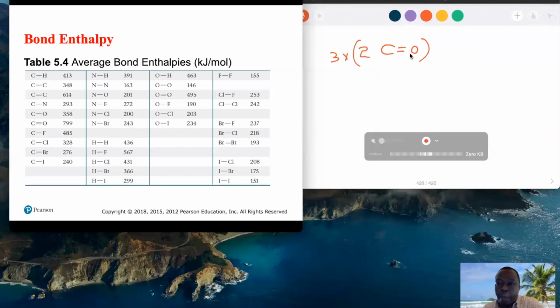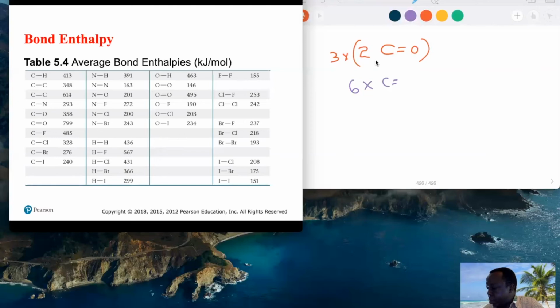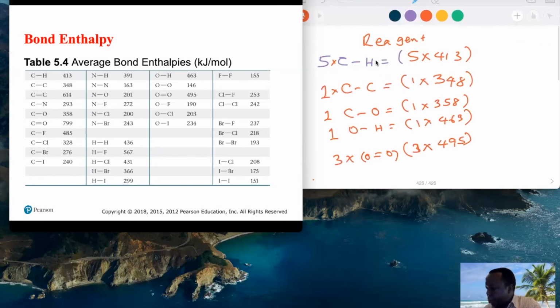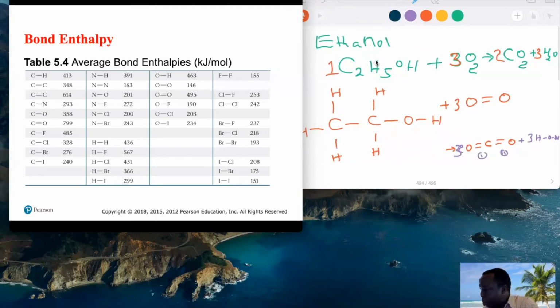I have 2 carbon, oxygen bonds broken. And so basically here is 6 times 2 of it, all right? It's the same as the energy broken for that. Hydrogen, oxygen, we have 2. And if we have 2 times 3, is it 3? This was 2.